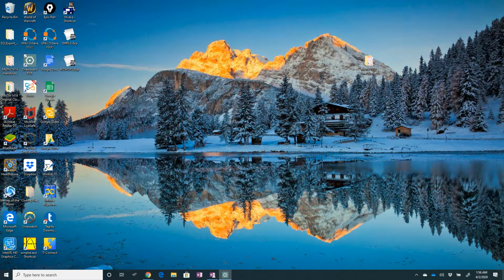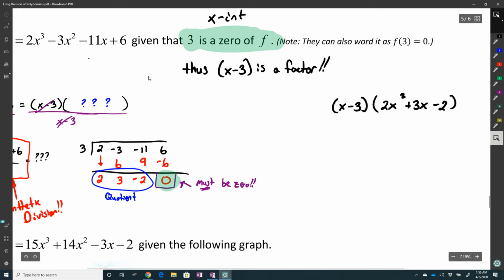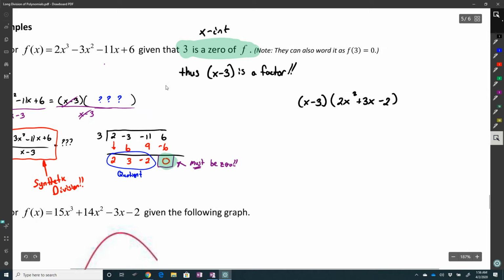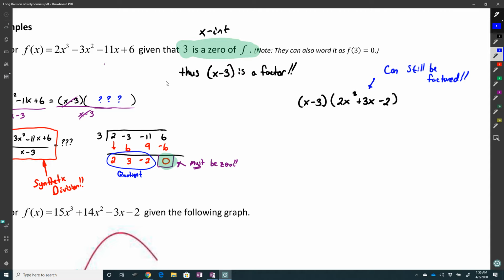They want us to factor. Notice that this can still be factored. Now it's up to you how you want to factor it, but I'm just going to go ahead and use the quadratic formula, because remember, x-intercepts are equivalent to factoring.